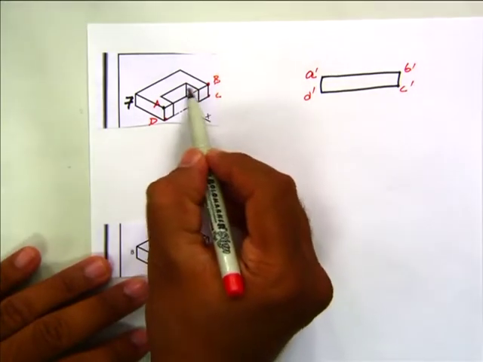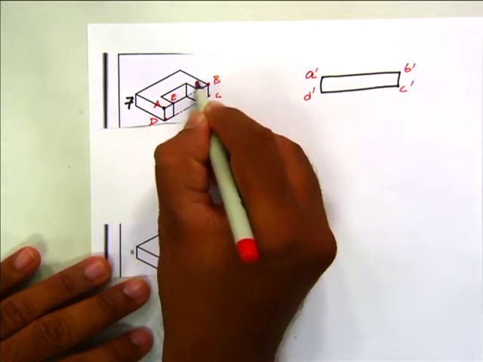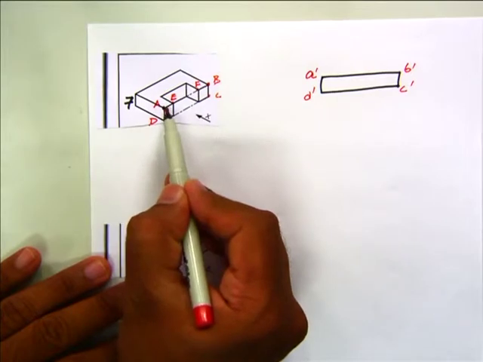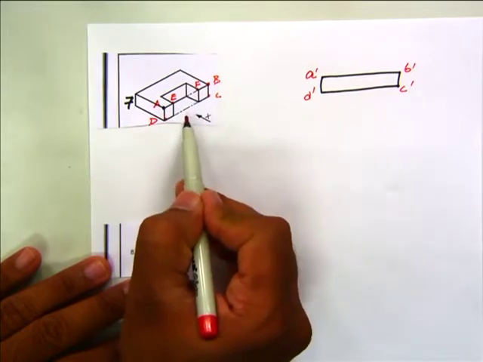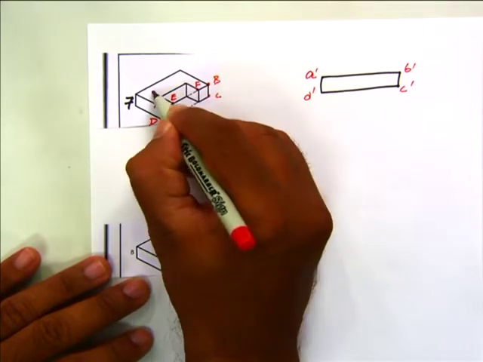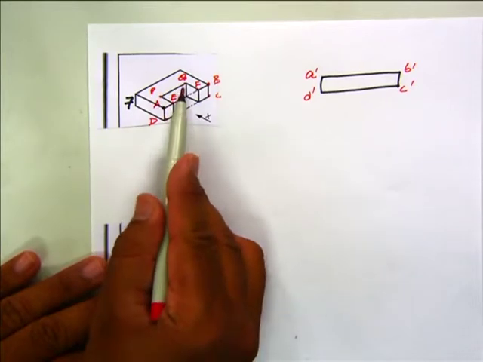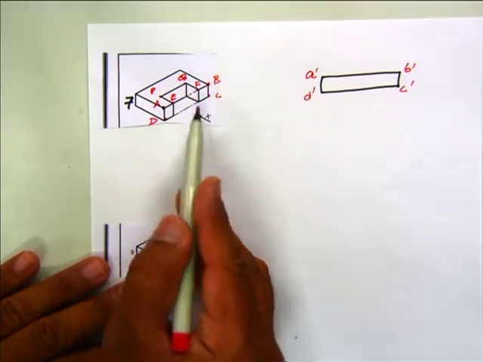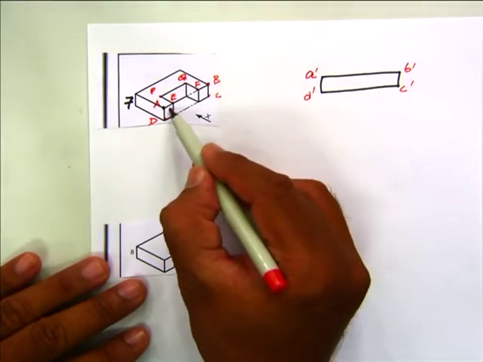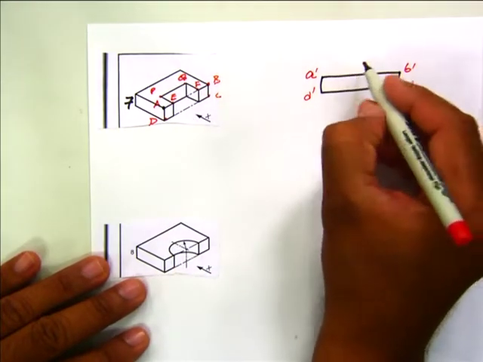There is a recess at this point, let us say point E and point F. When we are viewing from the front, this point P and Q, P coincides with E, Q coincides with F. In a front view, you can see E and F, so you cannot see the recess.